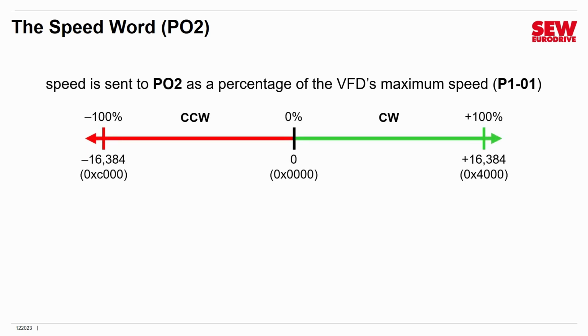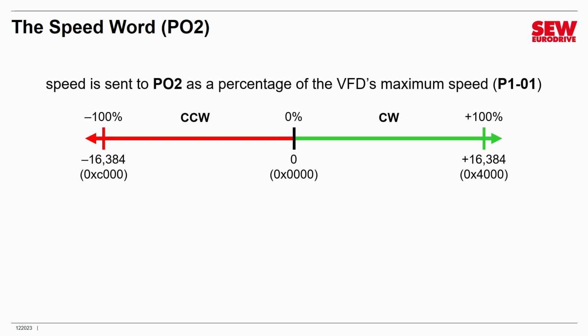Here's how we send speeds as a percentage. If we want the VFD to turn clockwise, we send it a positive percentage between 0 and positive 100%. And if we want it to turn counterclockwise, we send a negative percentage between 0 and negative 100%. But instead of sending the numbers 0 to 100, we send the numbers 0 to either positive or negative 16,384.